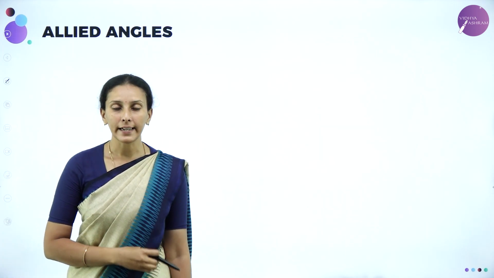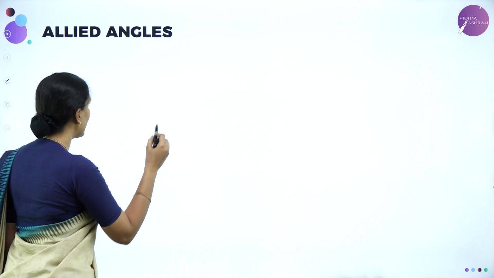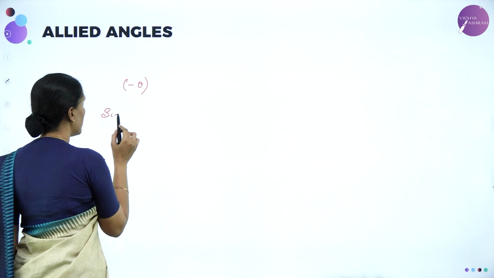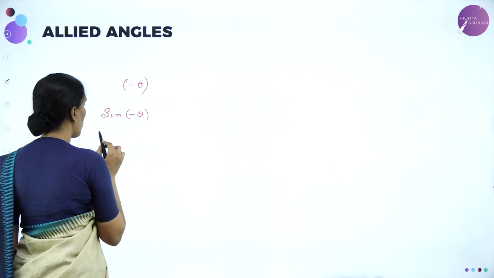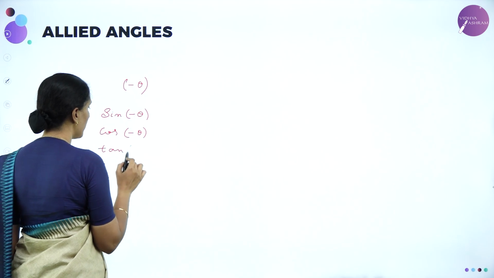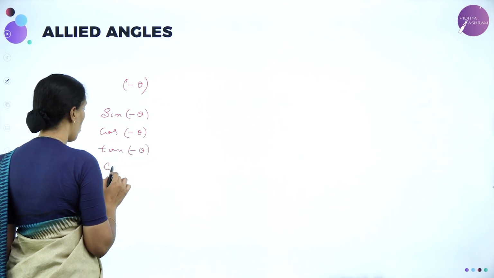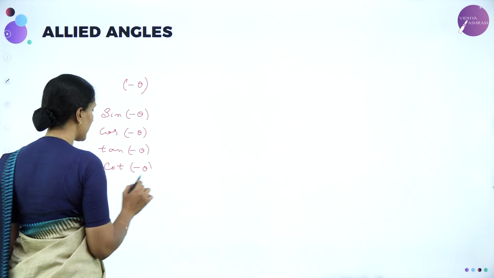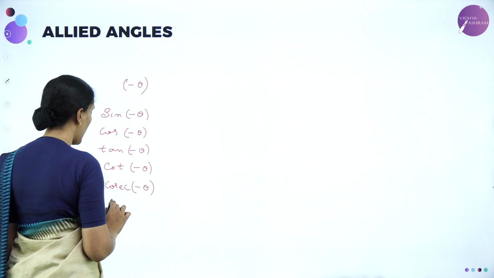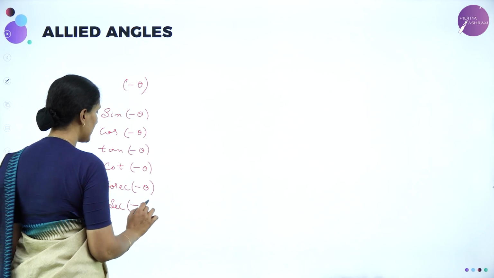Next we will study the trigonometric ratios of minus theta. That is, sine of minus theta, cos of minus theta, tan of minus theta, cot of minus theta, cosecant of minus theta and secant of minus theta.